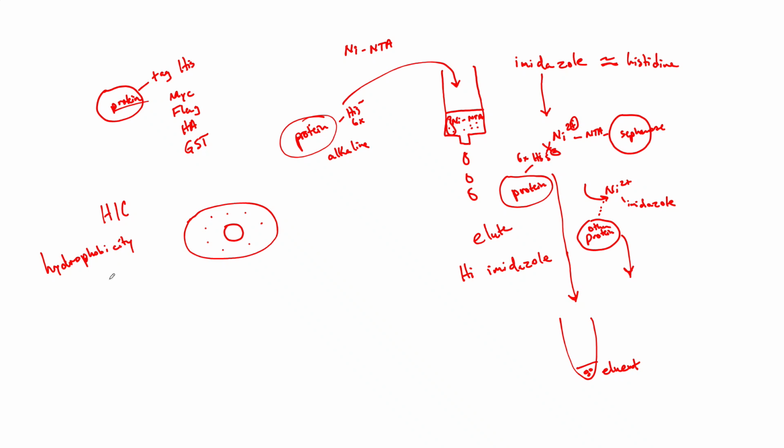But every once in a while, you'll have some of those nonpolar amino acids be exposed on the outside. And depending on the amount of these nonpolar amino acids you have exposed, this protein would be considered more or less hydrophobic because it has more or fewer exposed nonpolar amino acids.